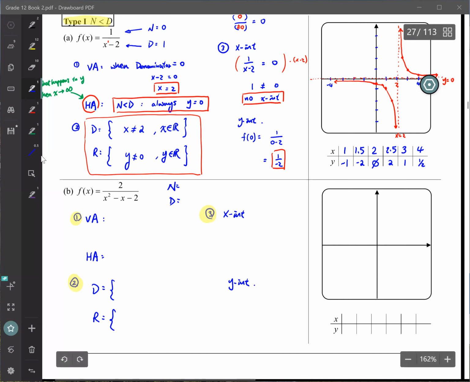How many of you have finished number 1? Can you raise your hand? Okay, good. Keep going.